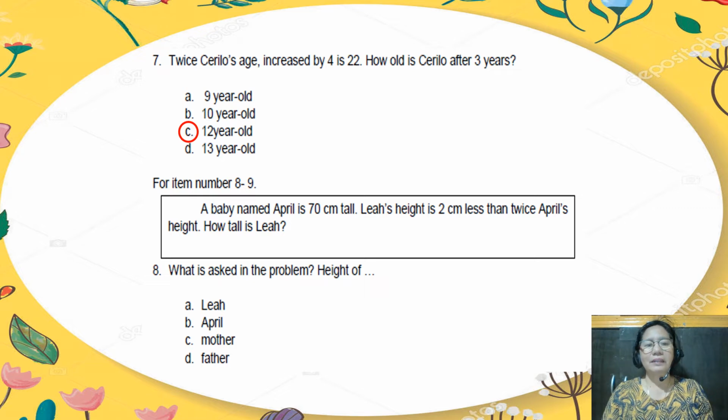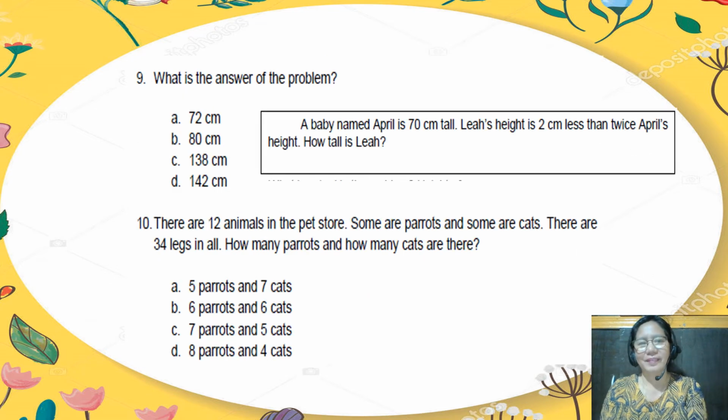So what is asked in the problem? The problem asks for the height of Leia, letter A. In number 9, this is a continuation of the problem. Let us try to find out how tall is Leia.